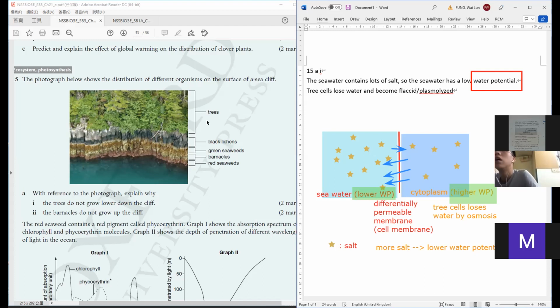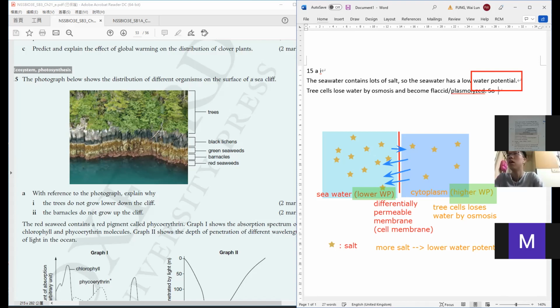The cell cannot function properly. So they lose water by osmosis and become flaccid or plasmolyzed.